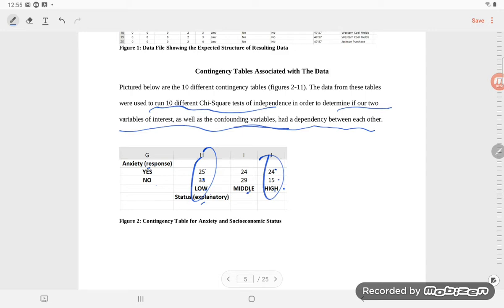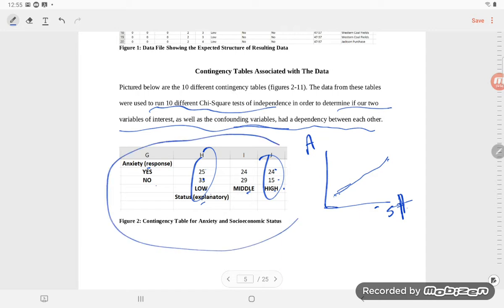So if these were numerical things, I can just see very quickly from that table that here's status and here's anxiety. And so it looks like there's sort of a trend that the higher your economic status, the more anxiety you have. Possibly. Again, this isn't real data. They're just kind of making things up. But, yeah, very important right there.